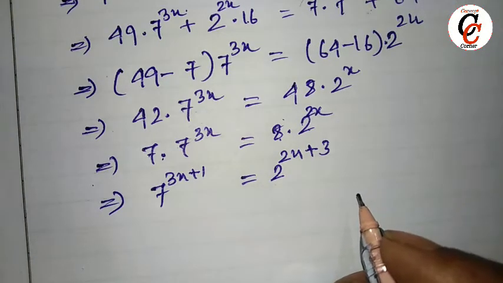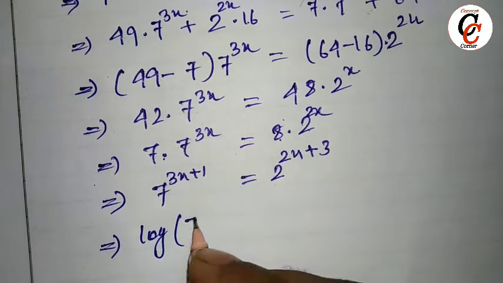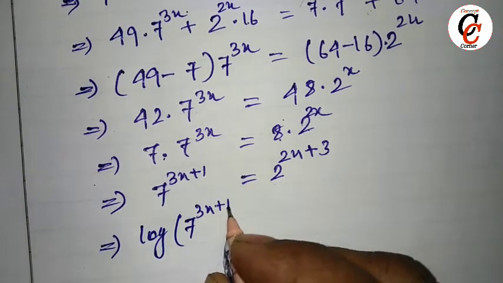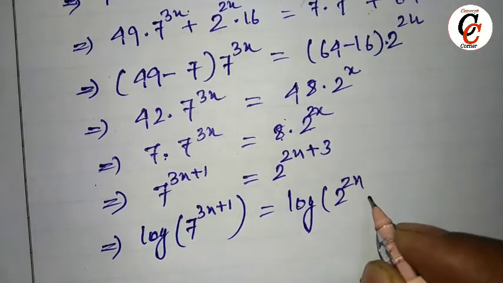When bases are the same, the exponents are added. Here 8 means 2 cube, and 2 to the power 2x, so we can write 2 to the power 2x plus 3.